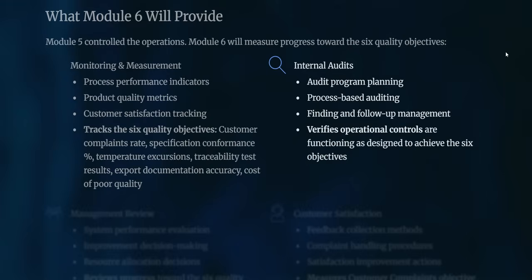Then it will cover internal audits, which will consist of audit program planning, process-based auditing, finding and follow-up management, and verification. It will verify operational controls are functioning as designed to achieve the 6 objectives.